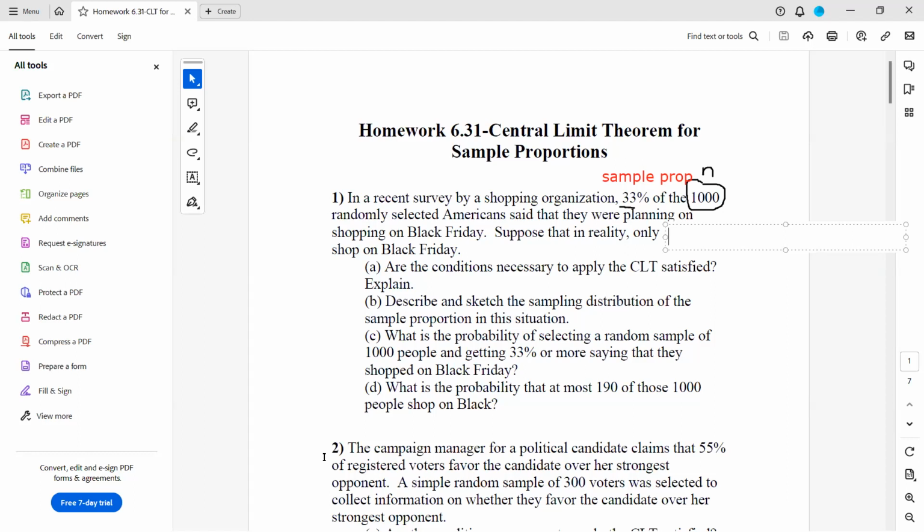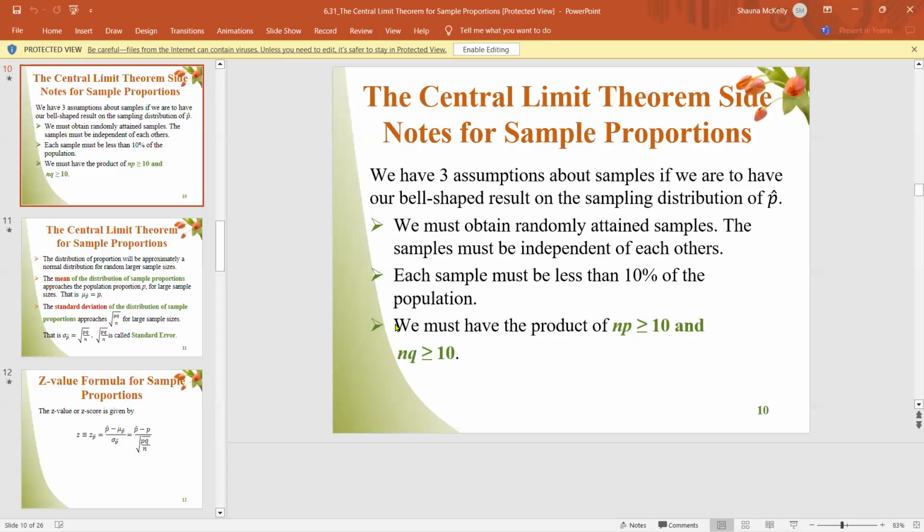Let me take you back. We're on the third bullet. Notice in here, you have the sample size. This P doesn't have a hat on it, does it? And this Q doesn't have a hat on it. These are population percentages, okay?